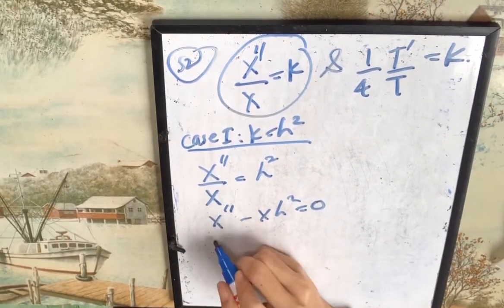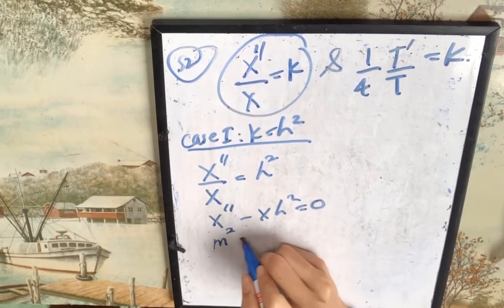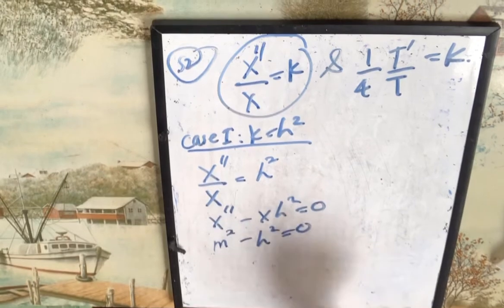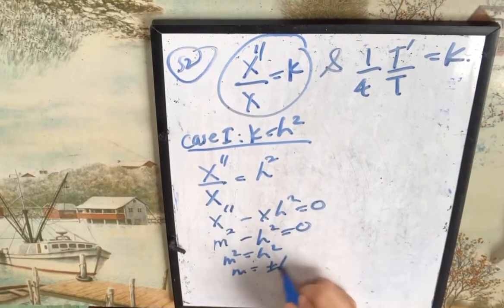This will become m square minus lambda square, so m square equals lambda square, m equals plus minus lambda.